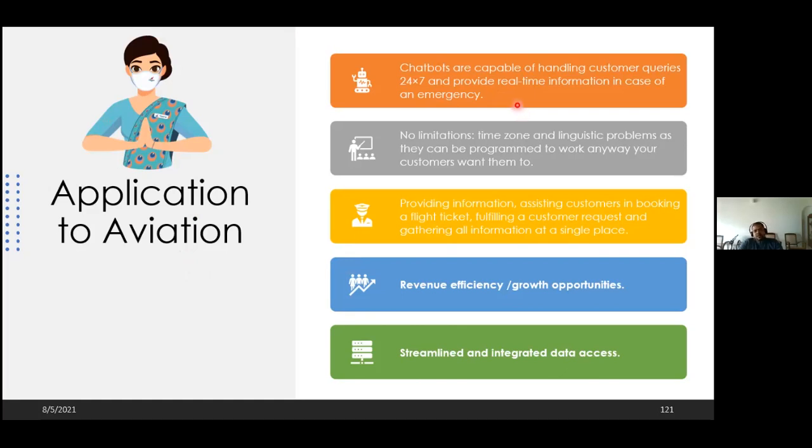Bots are useful because you can operate them 24/7. There are no limitations. You can get them to learn and do. They will go through certain information and provide the relevant stuff, which is far more revenue efficient, and it creates more opportunities to grow. You can use bots to work with databases, and with certain existing platforms, so that you don't have to put people to do all of that.